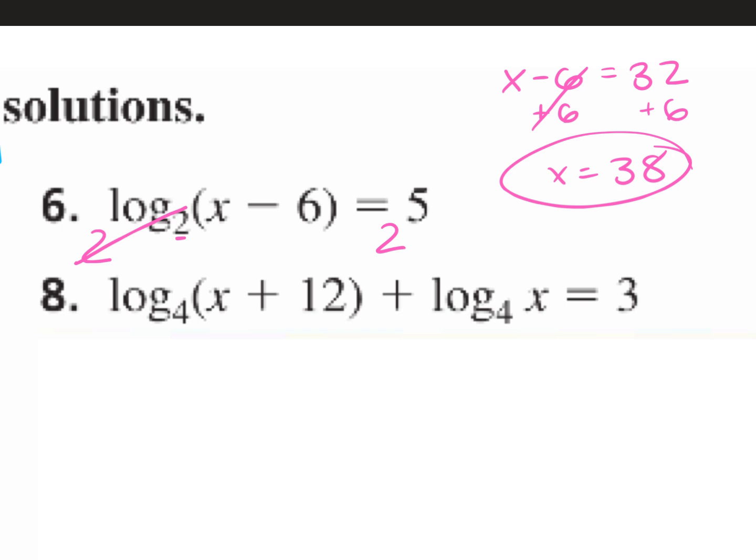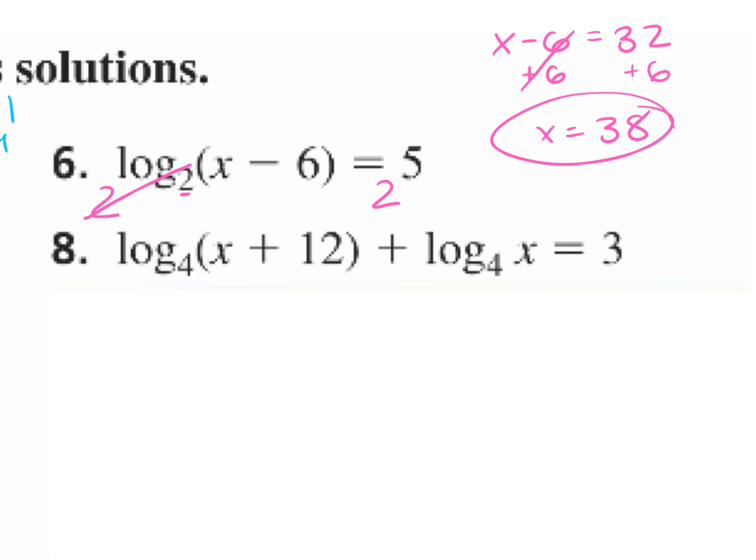So we're going to do the one right below it. So what do I have to do first for 8? I have to condense them, and since I'm adding, I'll multiply them together. So I combine them to log base 4 of x plus 12 times x.